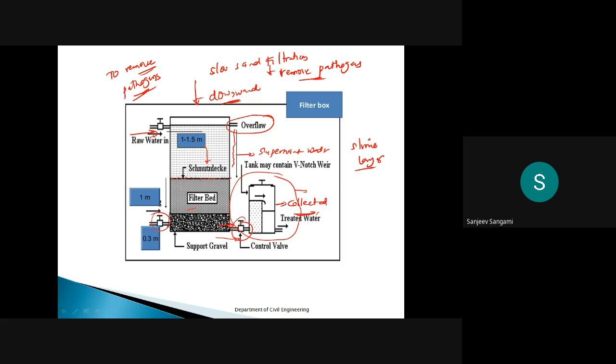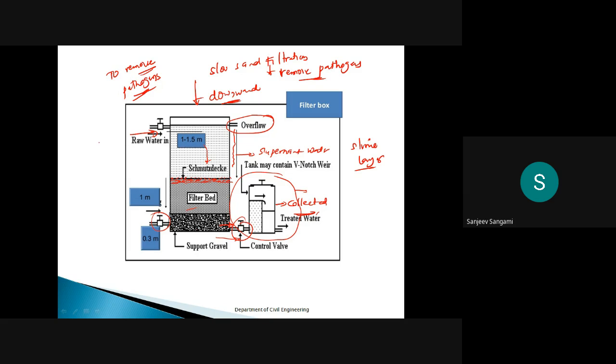And after the filtration process, one layer is going to form on the filter bed. This kind of layer is going to form, and we can call it the schmutzdecke, or skim deck.